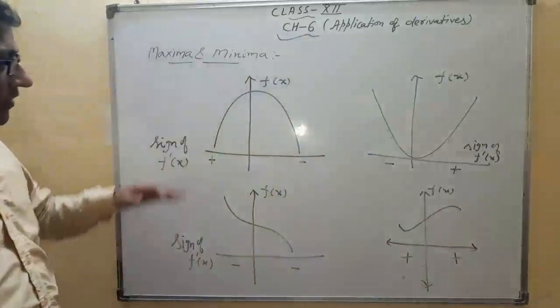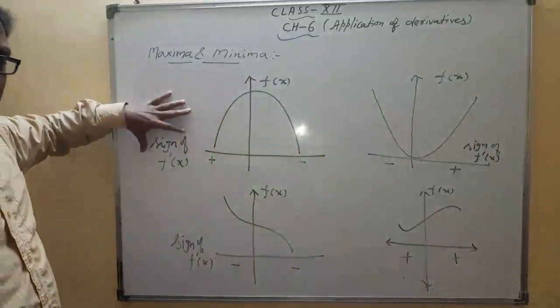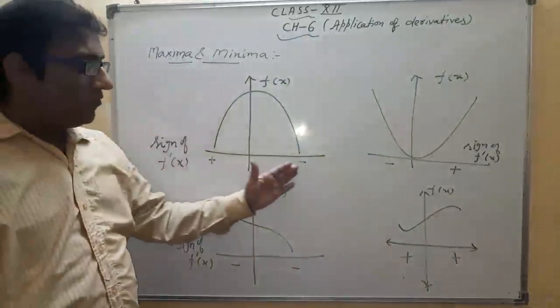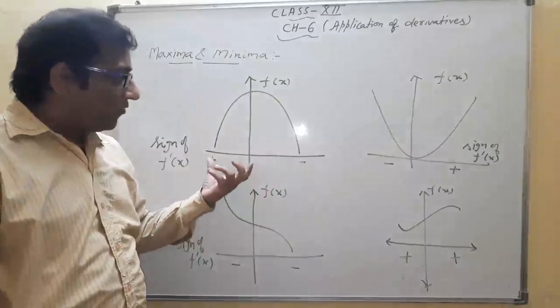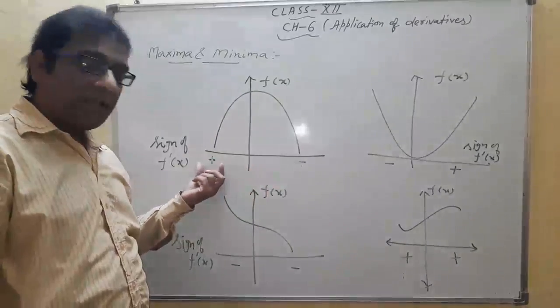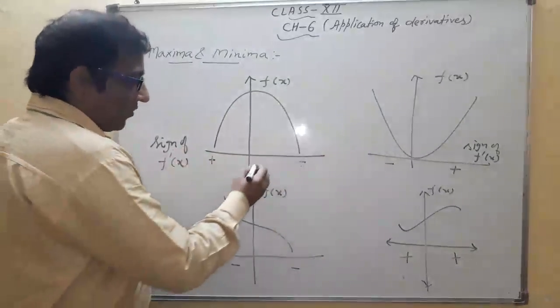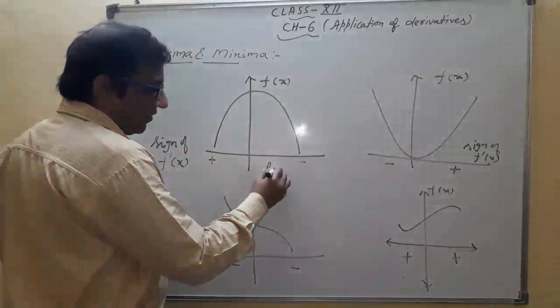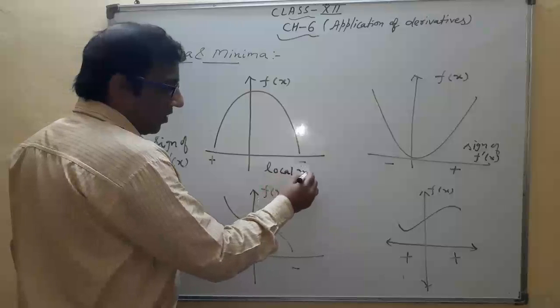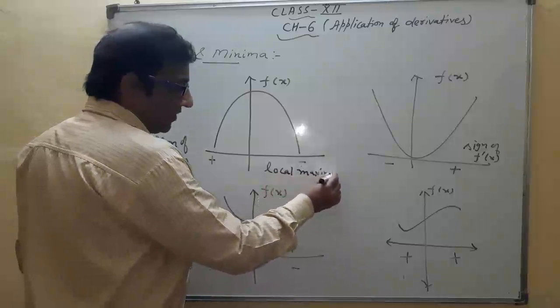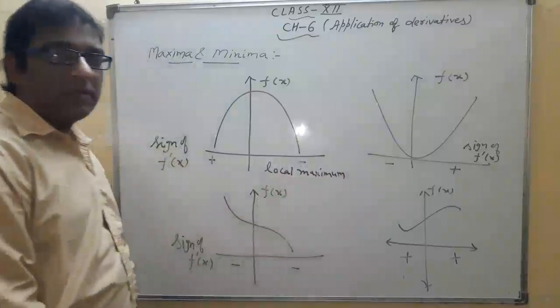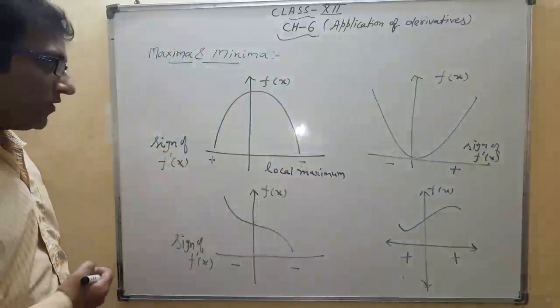So as you see in this graph, the sign of f dash x is positive to negative. So when the sign of f dash x is positive to negative, we can say for such a situation the function has a local maximum at a point x equals c.